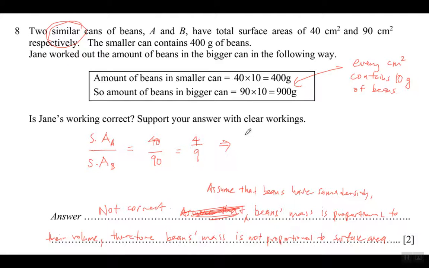So it means that the length of A over the length of B is equal to the square root of 4 over 9, which is 2 over 3. Then the volume of A over the volume of B is equal to 8 over 27.